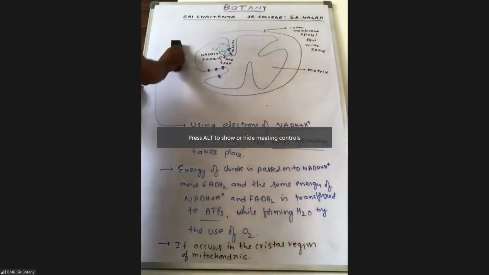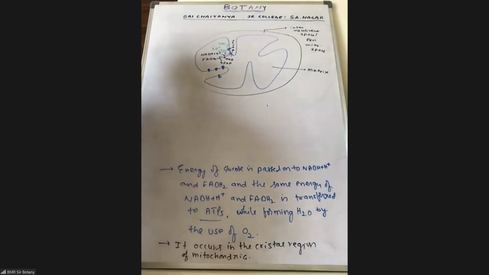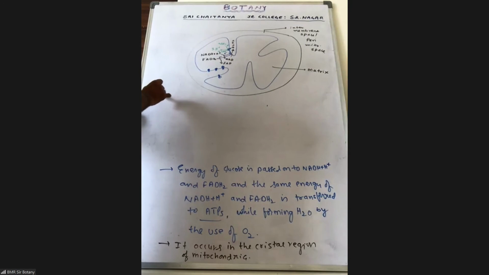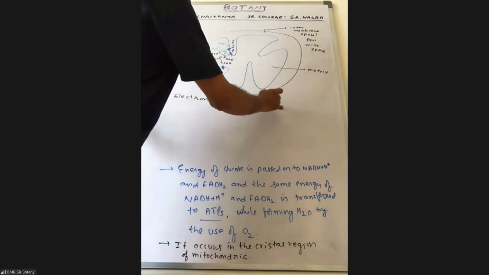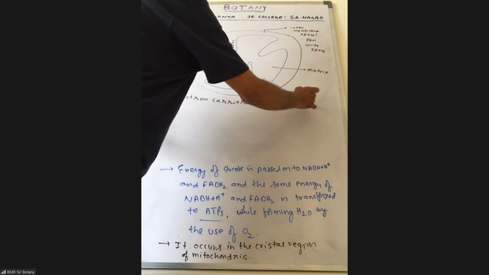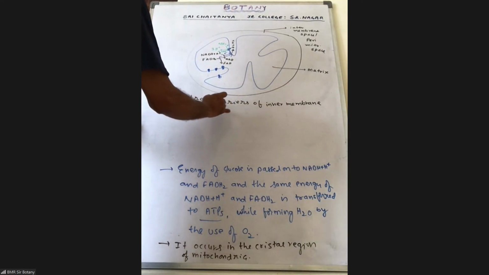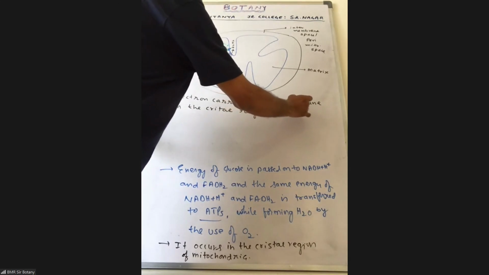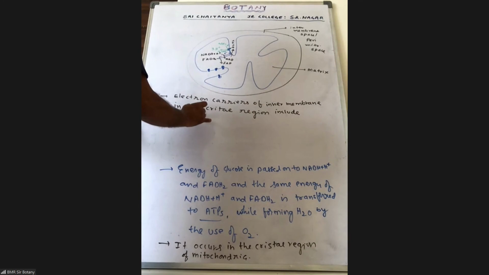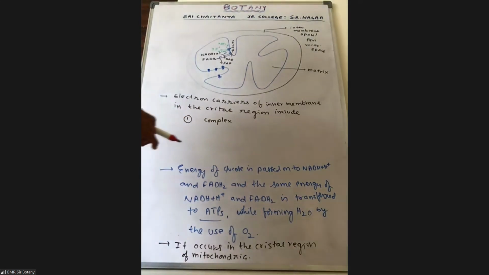Is it okay to rub out this point? So the electron carriers of inner membrane in the cristae region especially include 4 complexes which are fixed in the membrane.